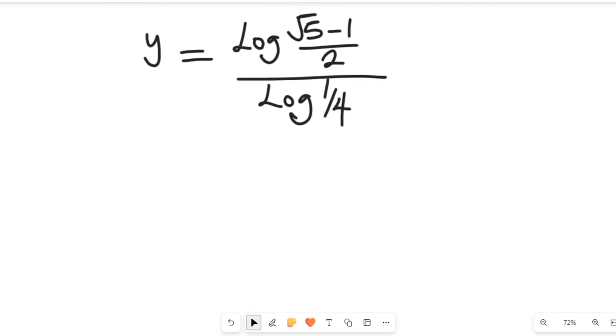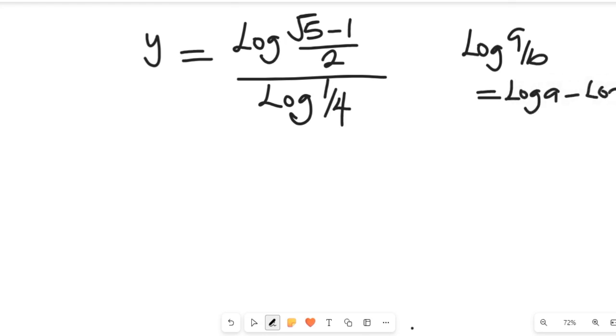If we simplify this, remembering one law of logarithm, if we have the log of a divided by b, this will be equal to the log of a minus the log of b, right? And that's the division law of logarithm.